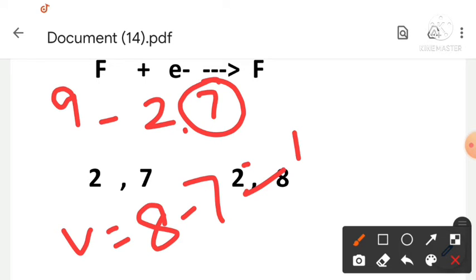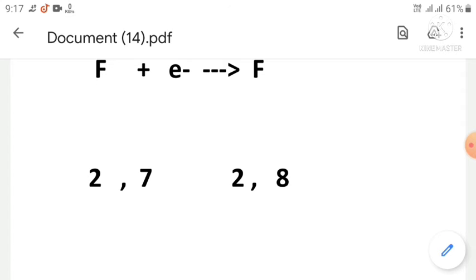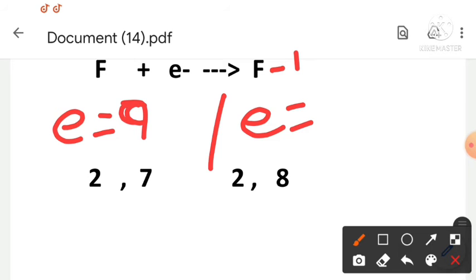Now we see that the number of electrons in fluorine is 9, and after gaining 1 electron it becomes 10 and it gets F minus 1 charge.